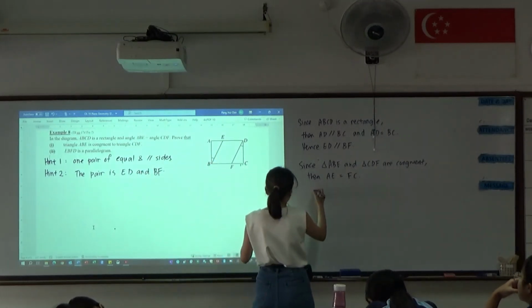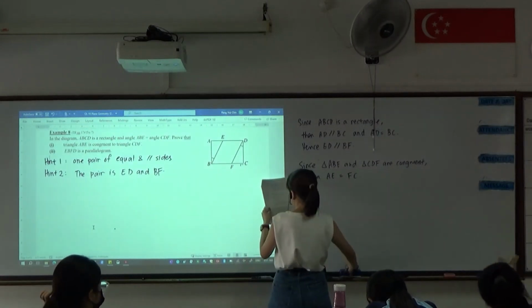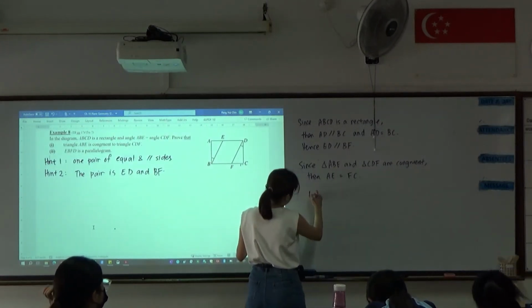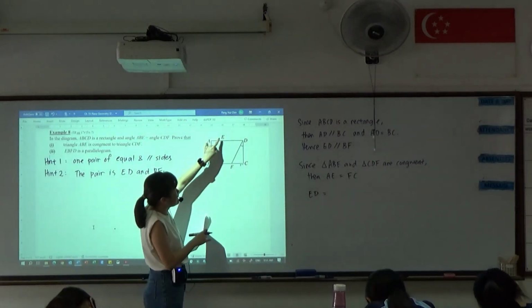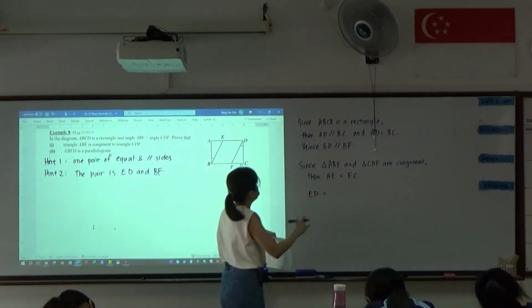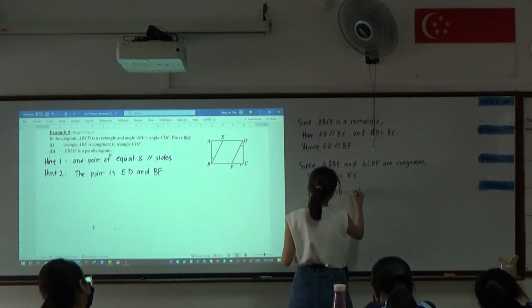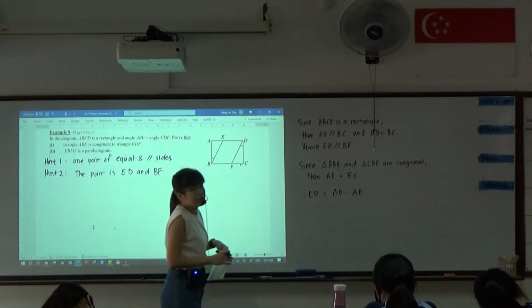So we see that ED itself is made up of AD minus AE.